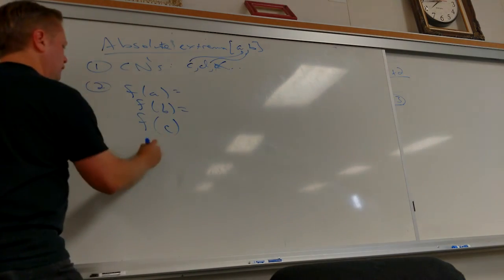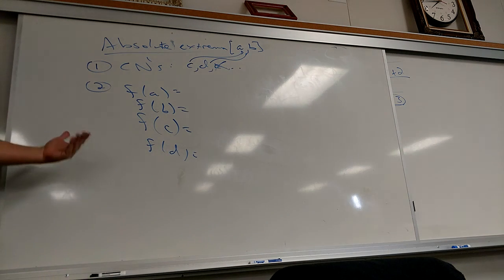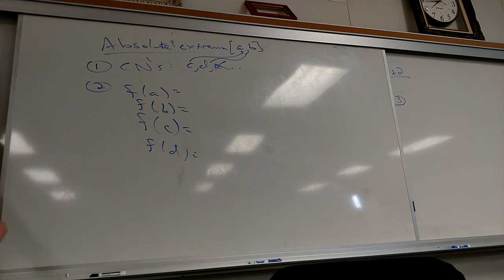Then I have to do F of C, F of D, and then I just see who wins. I step back and see who's the biggest, who's the smallest. So absolute extrema is a much easier process. Now, depending on the function I give you, the problem itself might be gross because the derivative is weird, but still, the process is simpler.